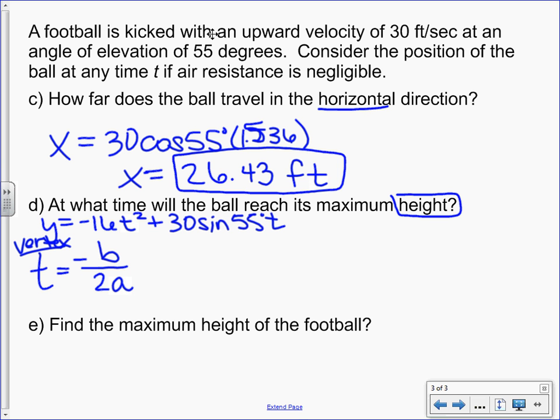So, in this case, our maximum height, or the vertex, is when t is -b, where b is the coefficient of t, so 30 sine of 55 degrees, over 2 times a, the coefficient of t squared, -16. Make sure when you divide, you either divide by -32 or you divide by parentheses 2 times -16.